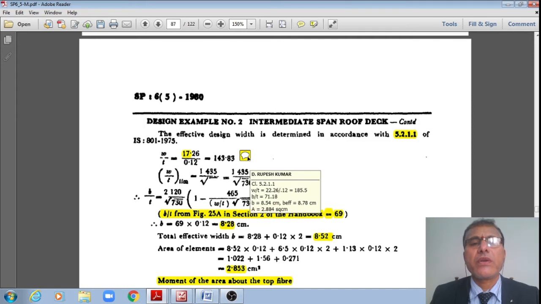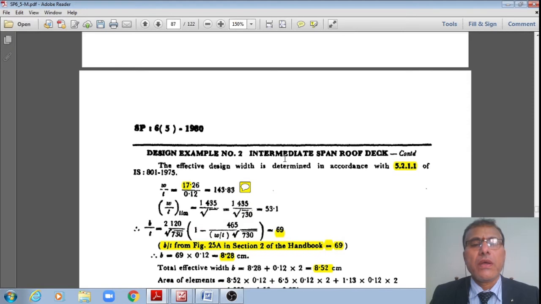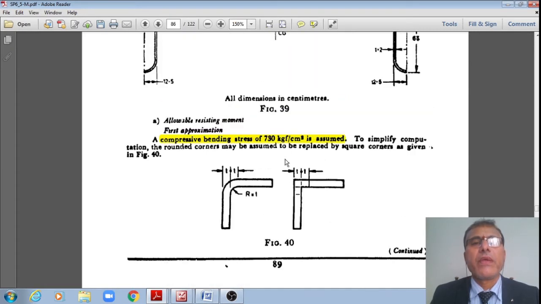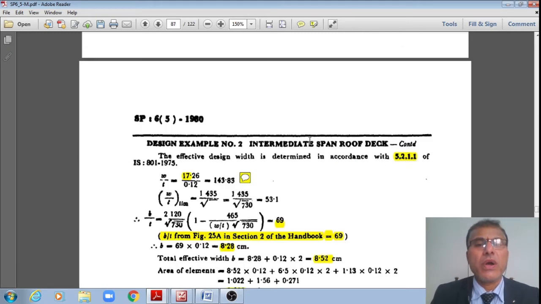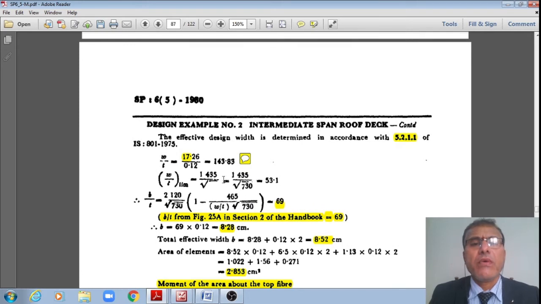That now works out upon substitution. However, f is assumed as a first approximation. The compressive bending stress as a first approximation is assumed as 730 kgf per centimeter square, or approximately 73 Newton per mm square. That is what we already assumed.